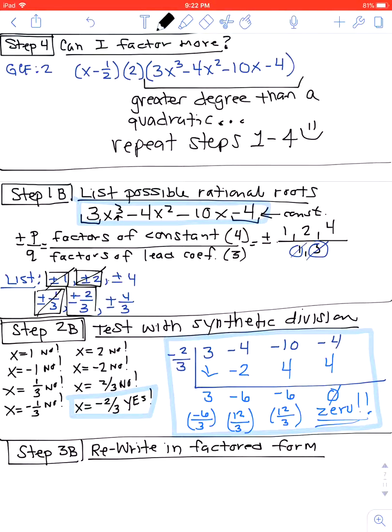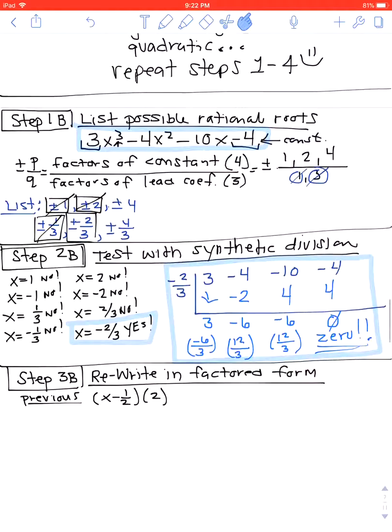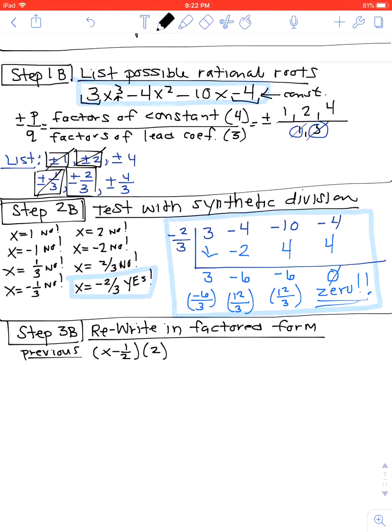We already had, okay, so we'll call that previous, what two pieces? x minus 1/2 and 2. So we already had those two pieces. And then what did we just find? We found an x of negative 2/3. What factor does that make? x plus 2/3.